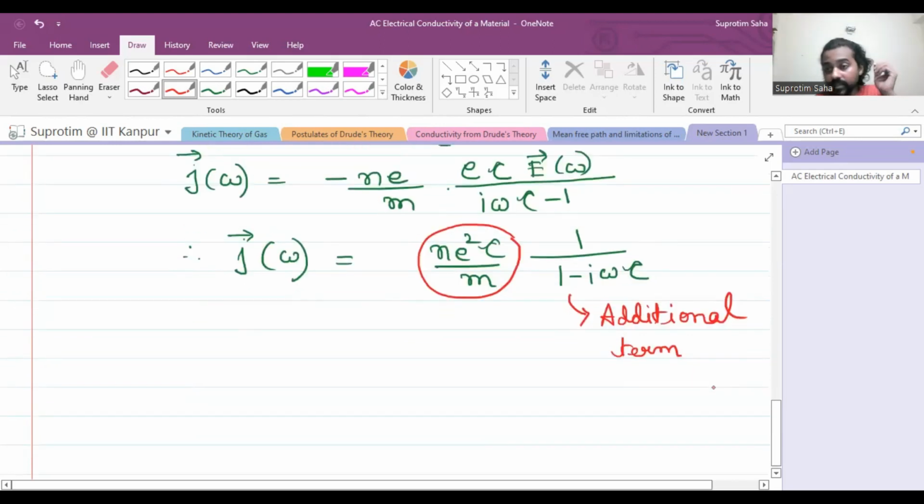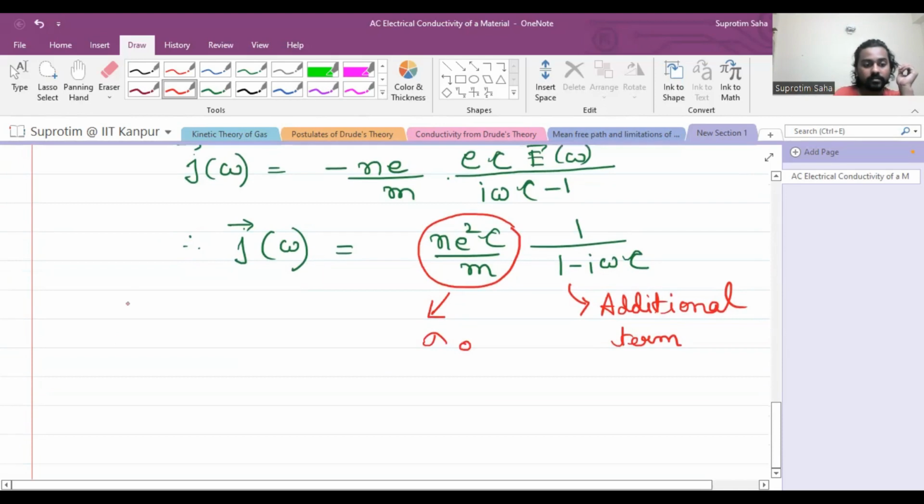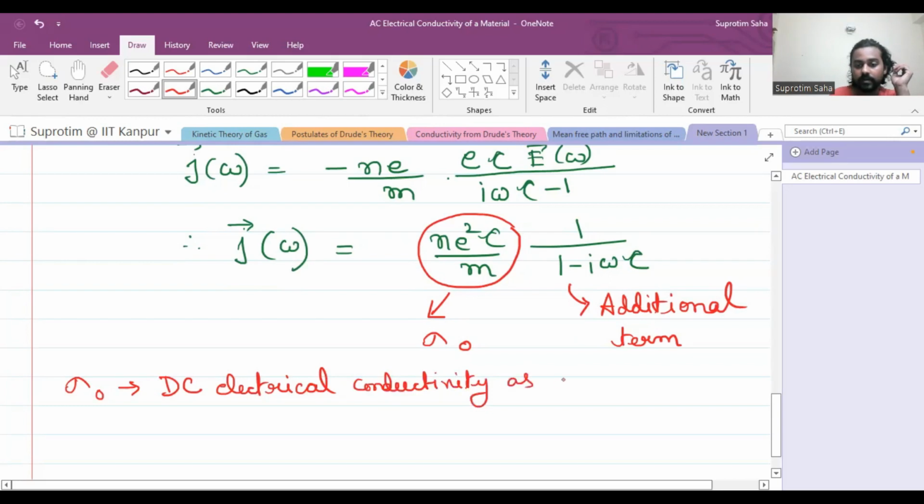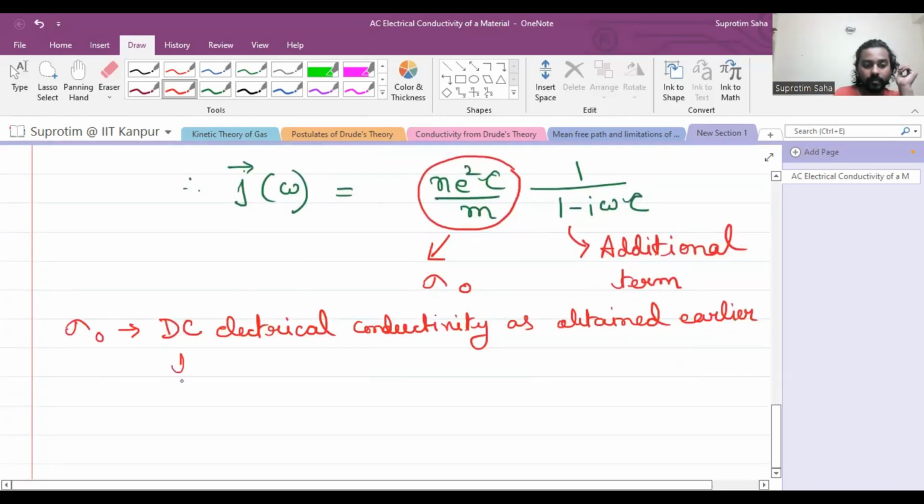For DC conductivity, this is your sigma, or you can say sigma naught. So your sigma naught is the DC electrical conductivity as obtained earlier from Drude's equation.